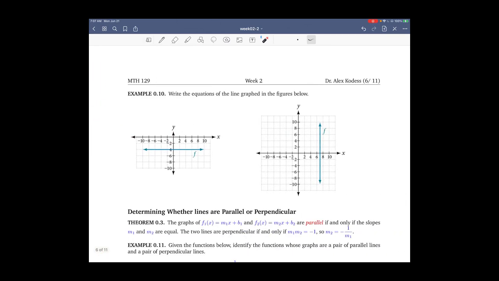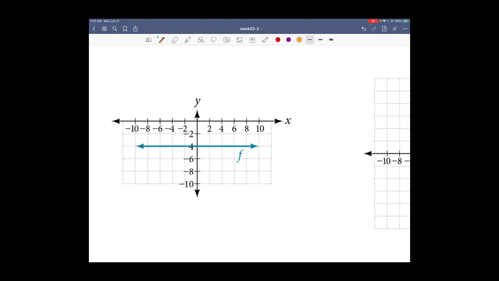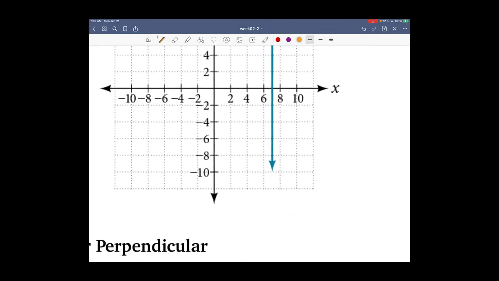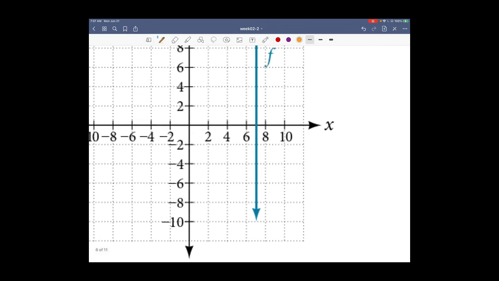For example, this line here has the equation y equals -4. And this line in the right picture has the equation x equals 7.